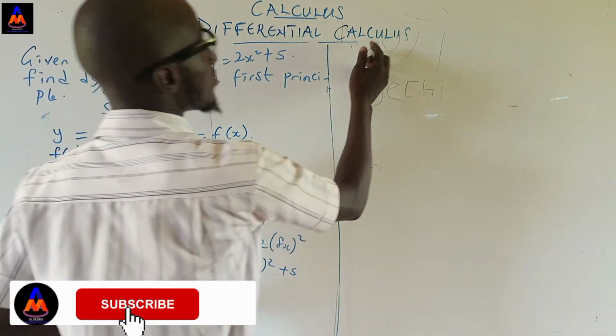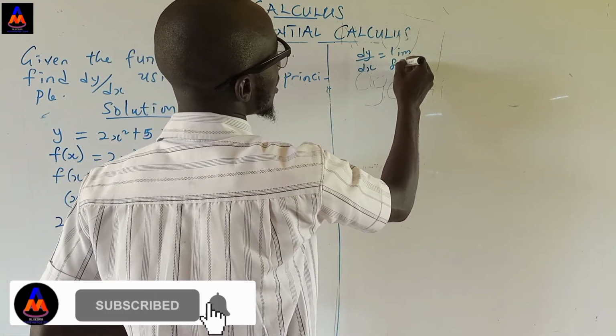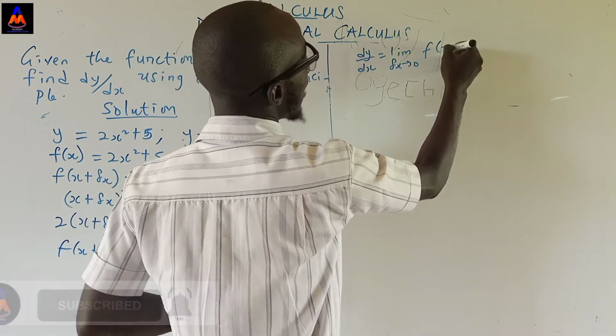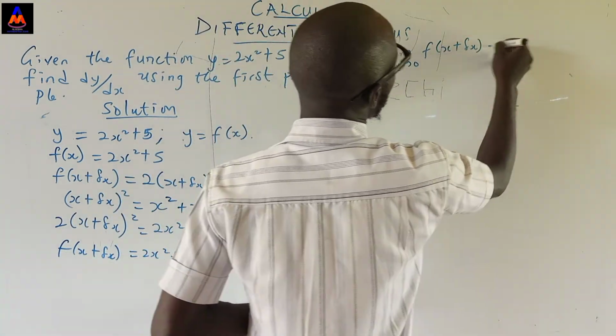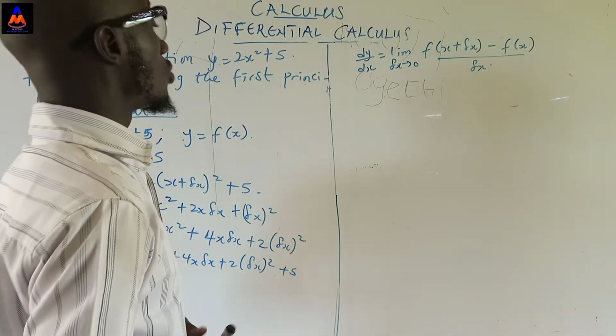So let's remind ourselves of the formula. As change in s goes to 0, f of s plus change in s minus f of s, all over change in s.